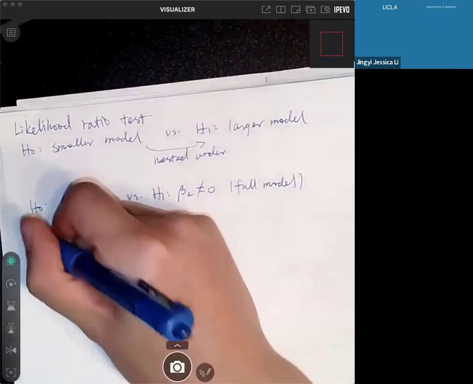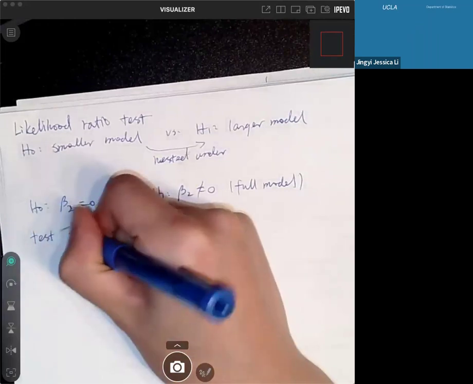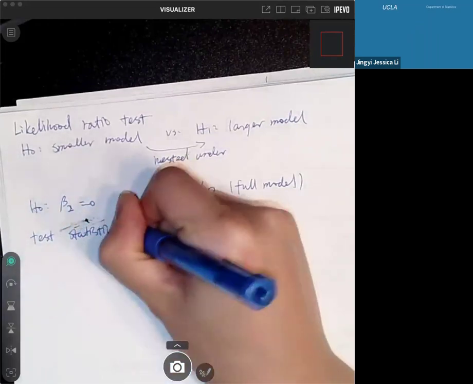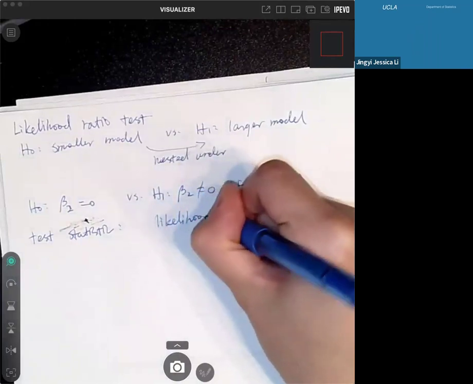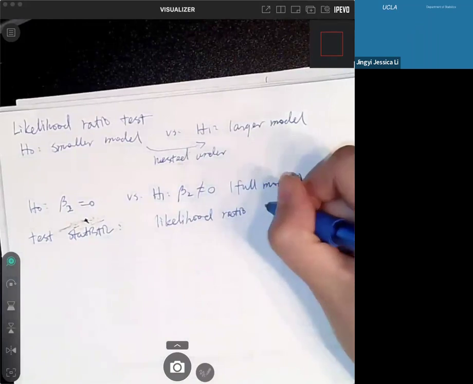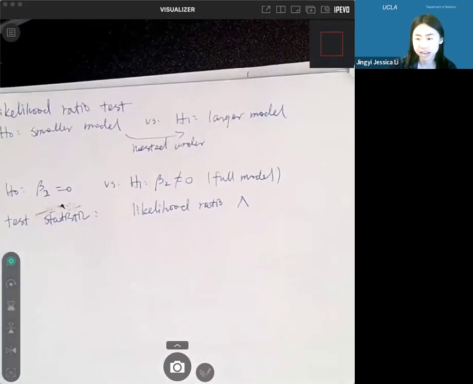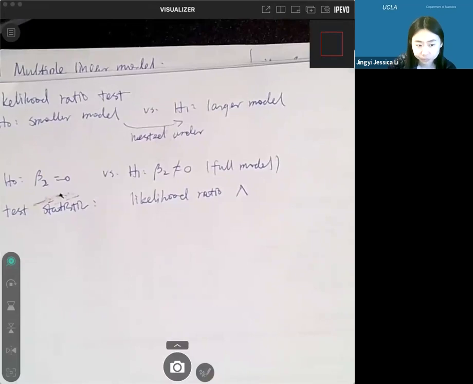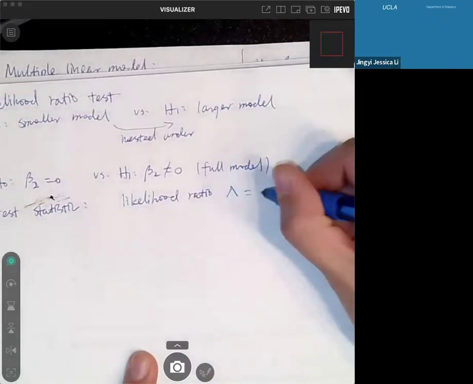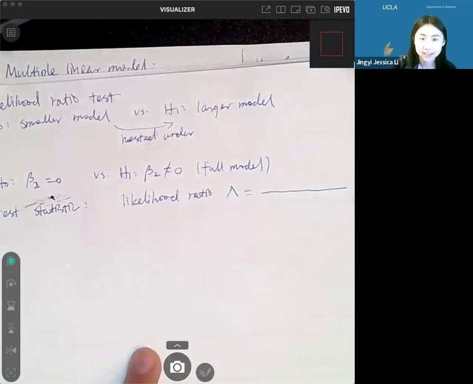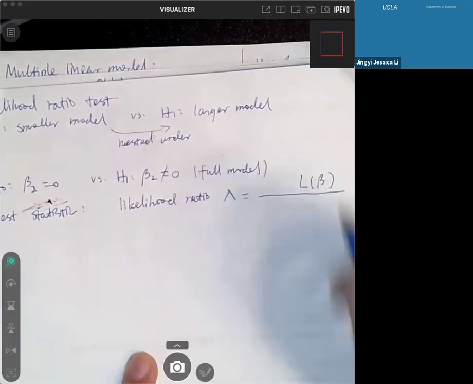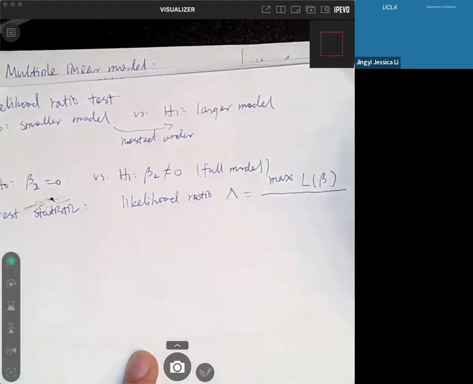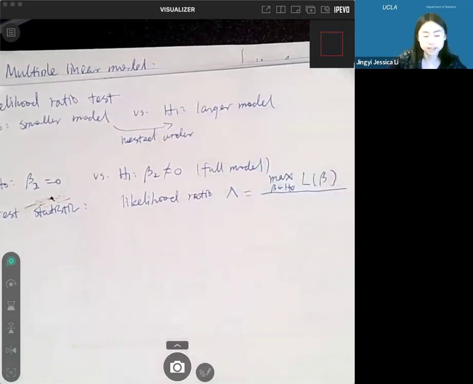So the likelihood ratio test statistic, by the name, right? It's constructed first to get a likelihood ratio denoted by the big lambda, the capitalized version of lambda, which is defined as the likelihood ratio. So we take the likelihood of beta and maximize it under the null hypothesis.